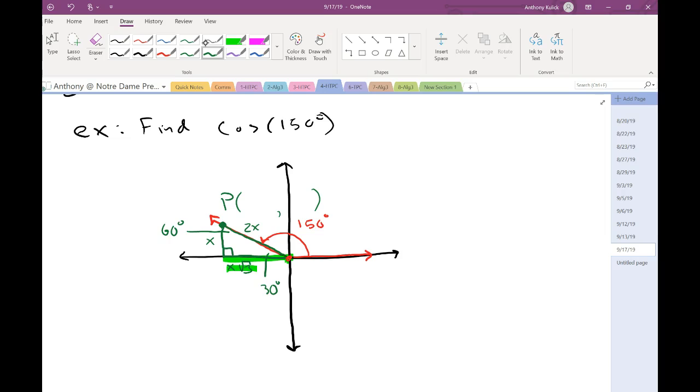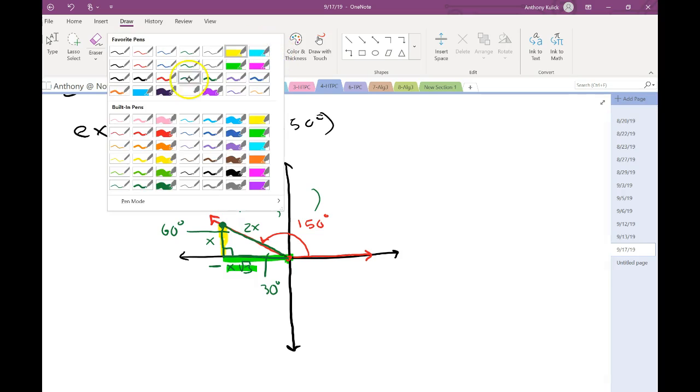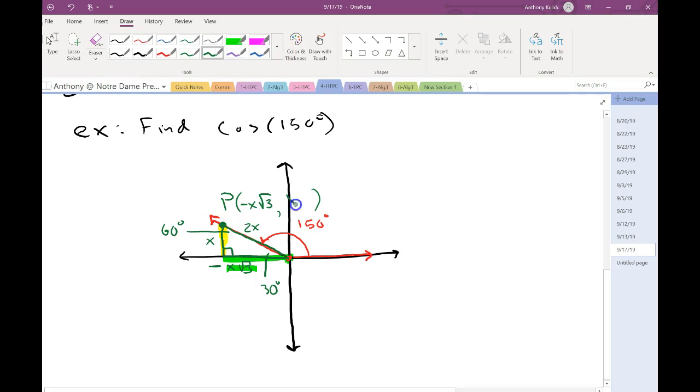So what should the sign be on x square root 3? Negative. What should the y-coordinate be for my point P? X. And the sign on x should be positive, correct? Is everybody okay with that?